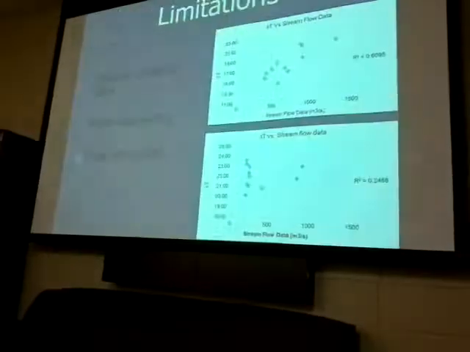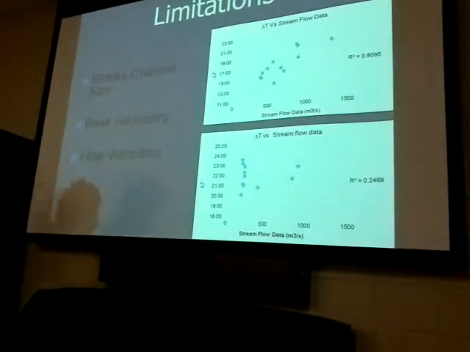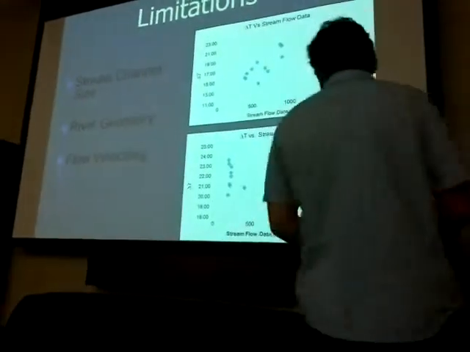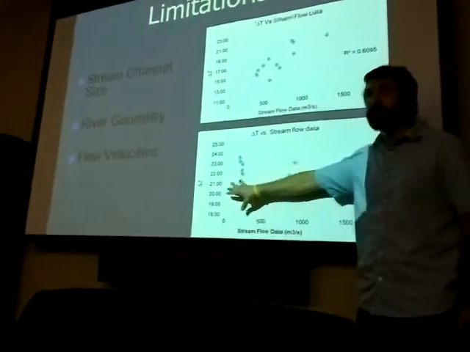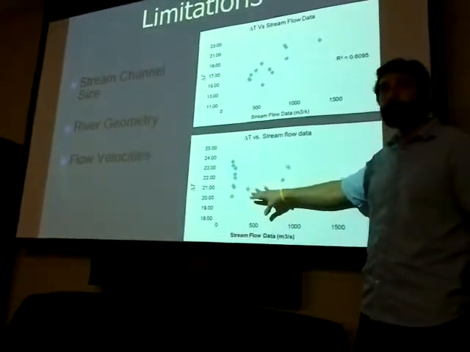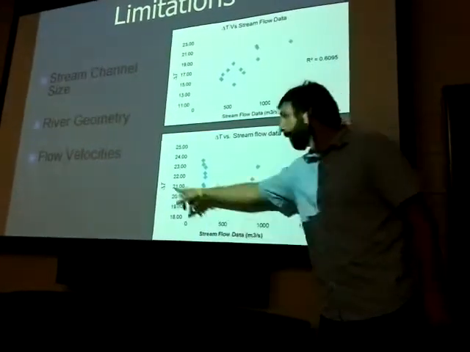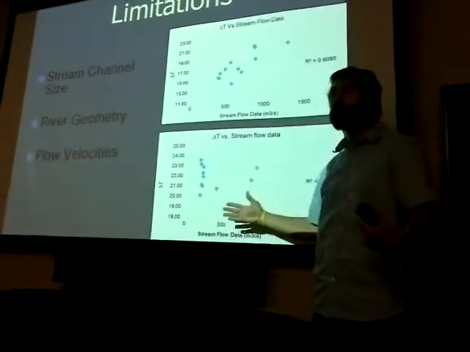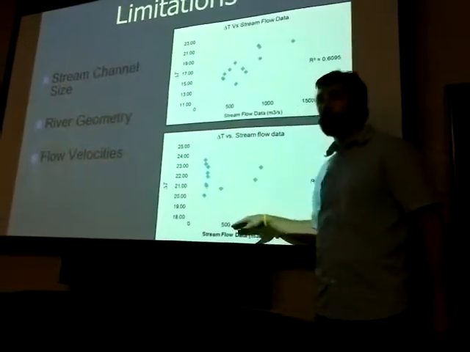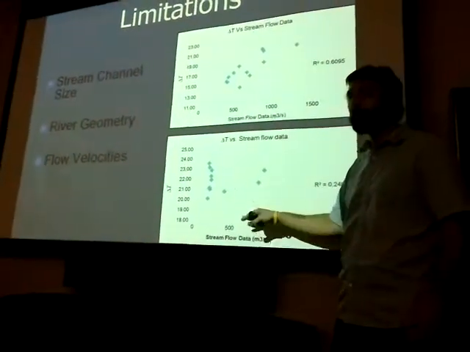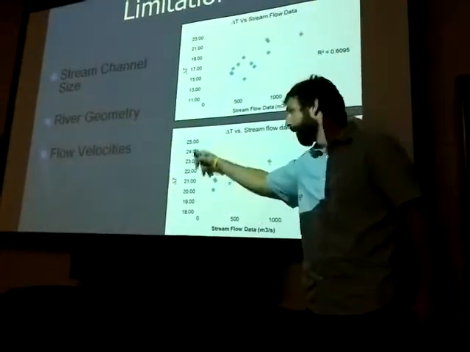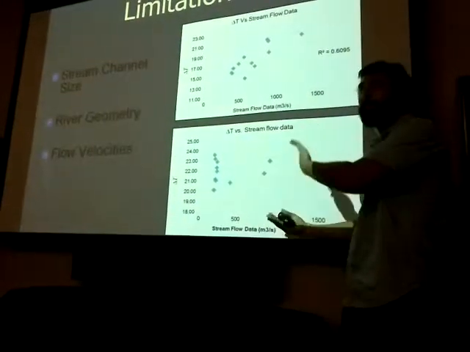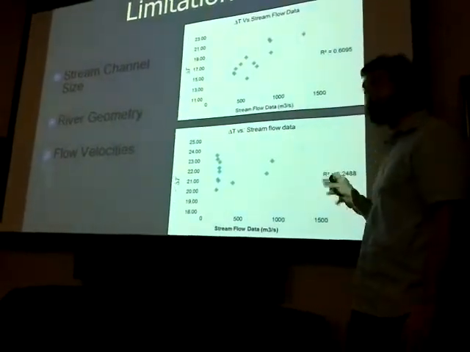In this case, you can't use Nash-Sutcliffe. Does that make sense? Why? Because I'm not comparing the same value. So you have to use the coefficient of determination, because it's a function. You will never see 500 here, so you can't have that same value. So you would use R squared.